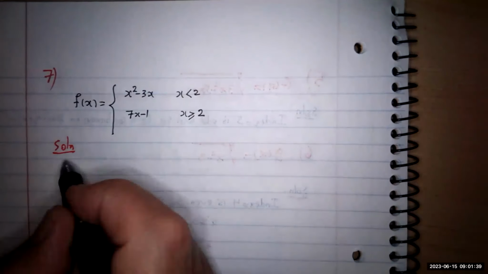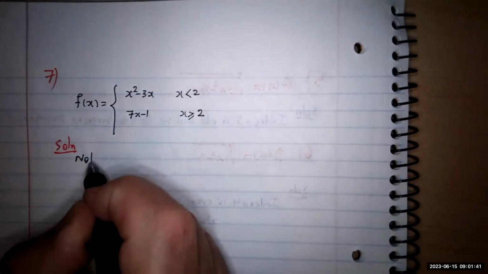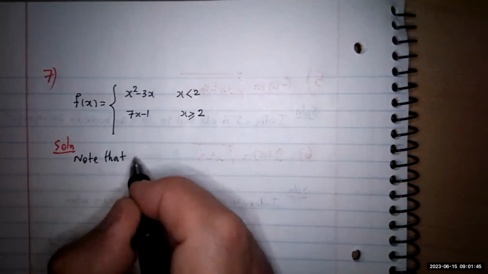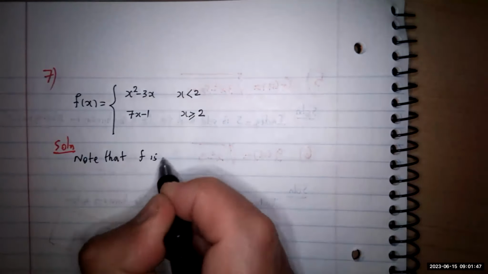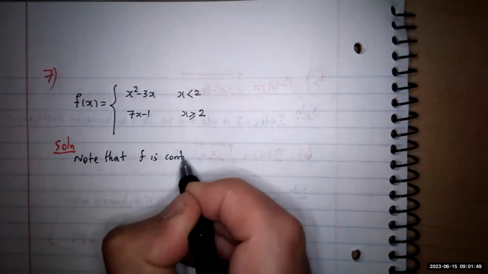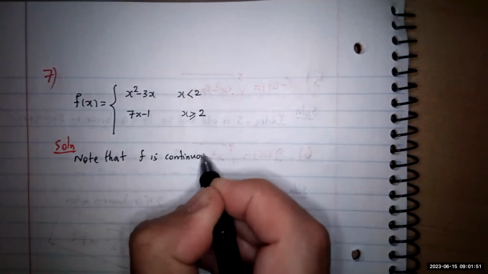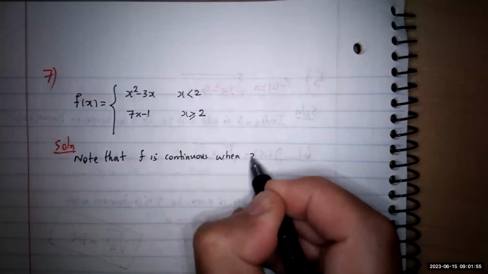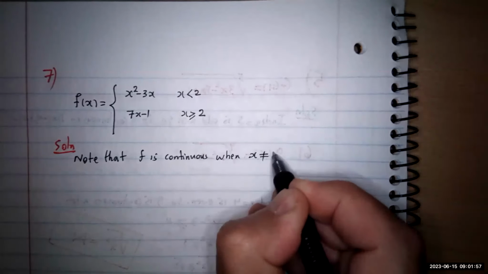So you start with the fact that f is continuous when x is not equal to 2.